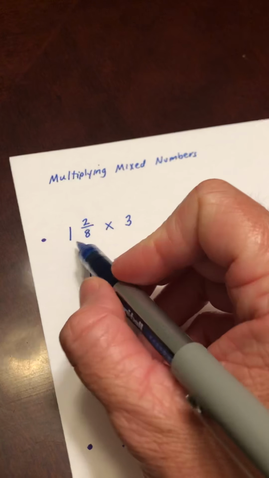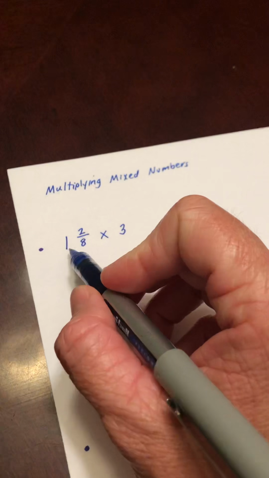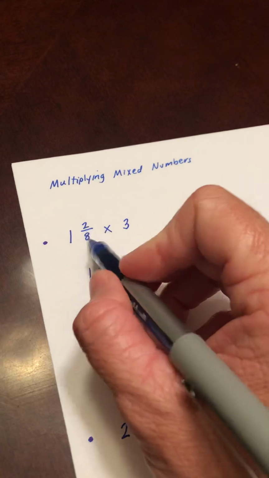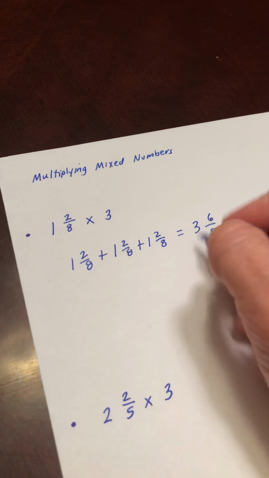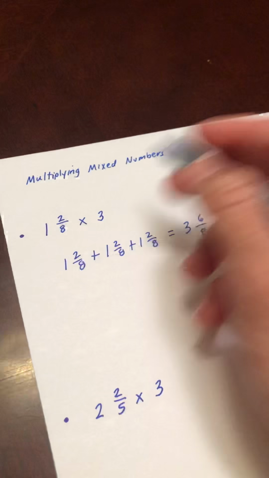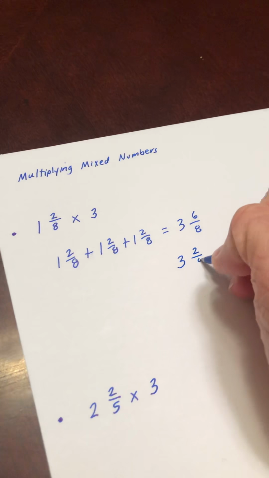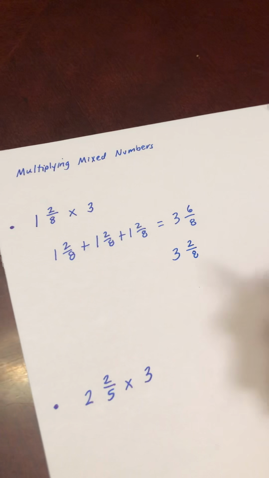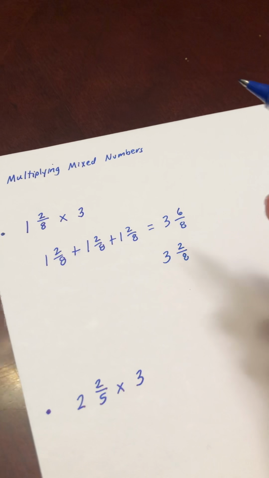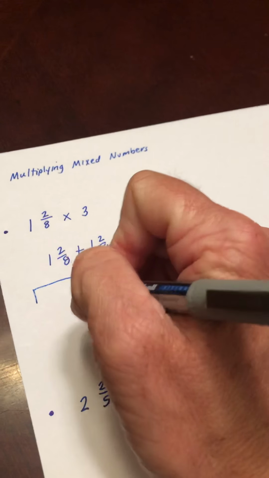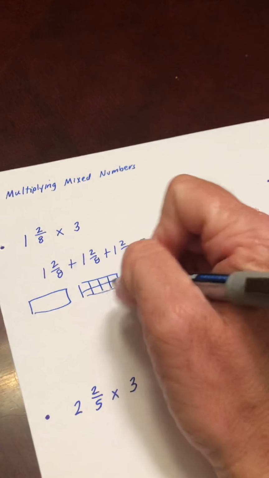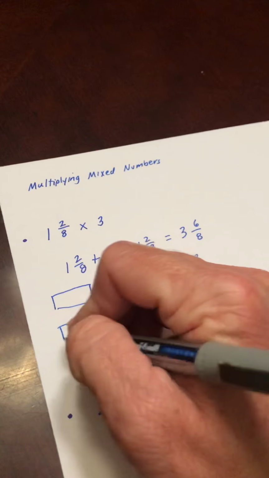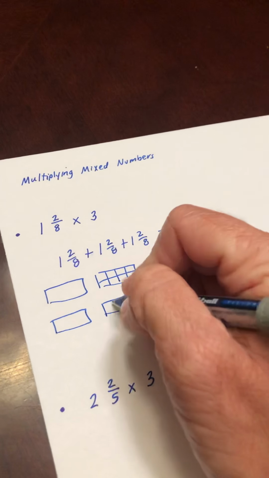So a lot of kids will say, all right, I'm just going to do my whole numbers times themselves, and then my fraction I'll leave alone. So a common mistake would be to say 1 times 3 is 3, and then we just have a 2/8, so we'll just make it 2/8. Okay, and that's not what we want to show. Also, if you were to draw this out as a model, 1 whole and 2/8, we're going to do this 3 times.